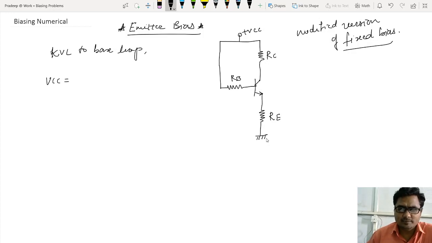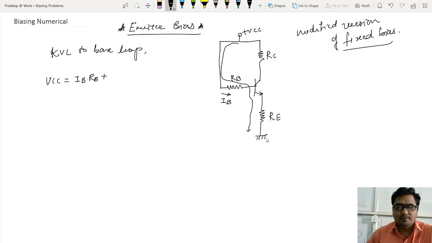Look at this, the base loop means I'm talking about this. So VCC is equal to what? First, the current flowing through this resistor, let me call it IB, and the value of the resistor RB. So I will write IB multiplied by RB.